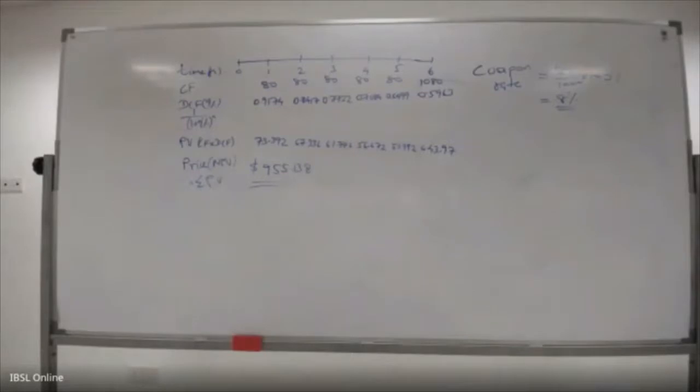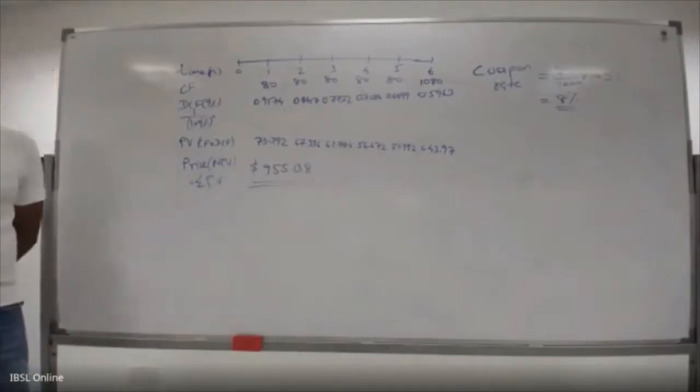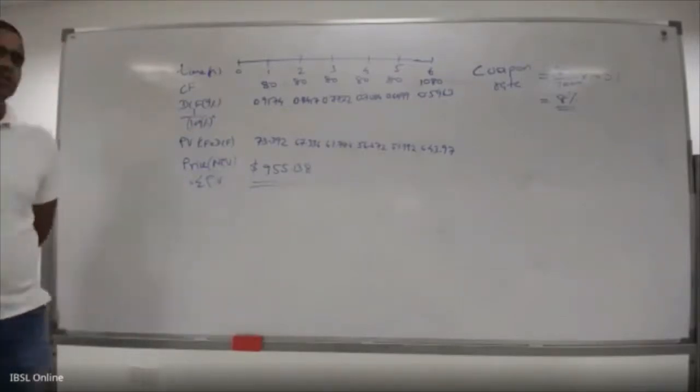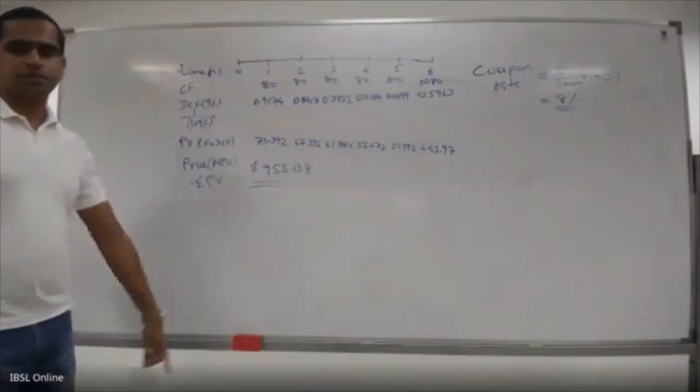You might later on notice that when the yield is more than the coupon, the bond is trading below face value. Because face value is 1,000, the price of this bond is 955. Right? So yield is more than the coupon.